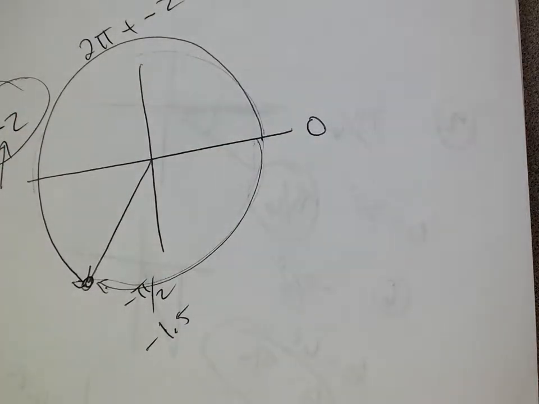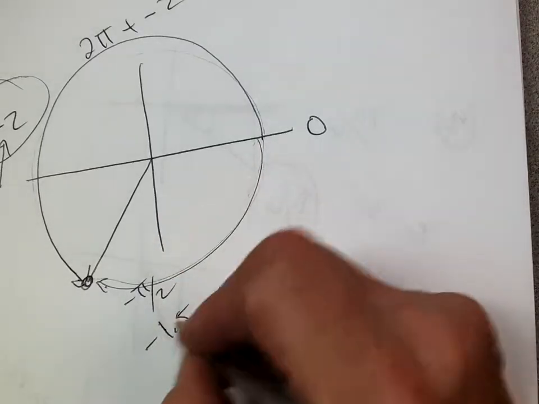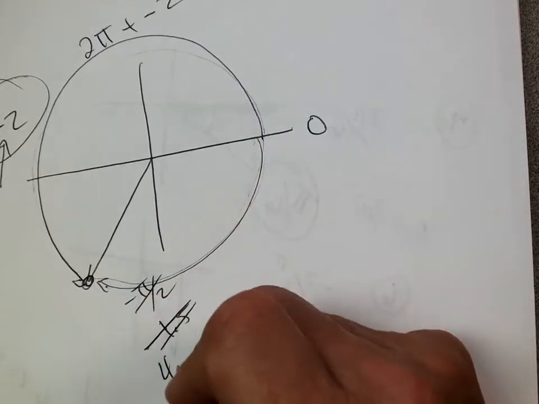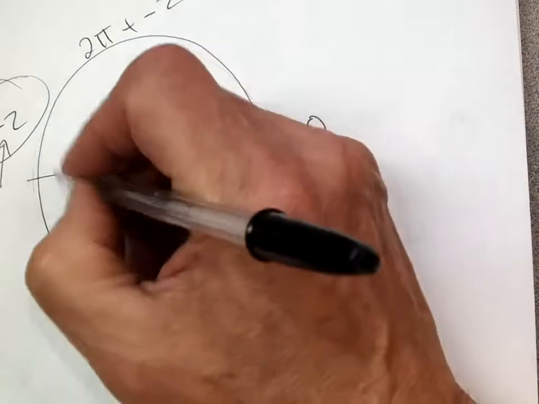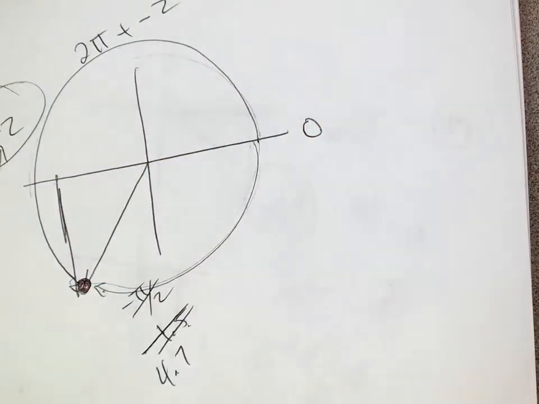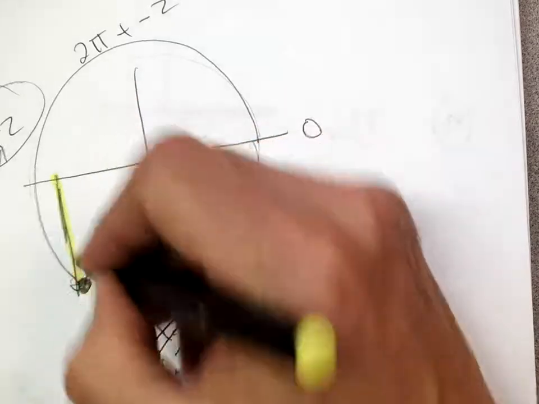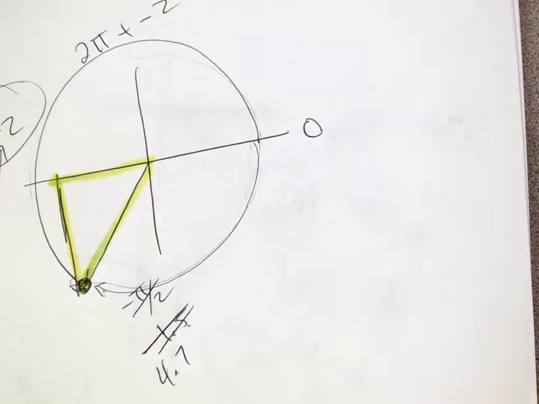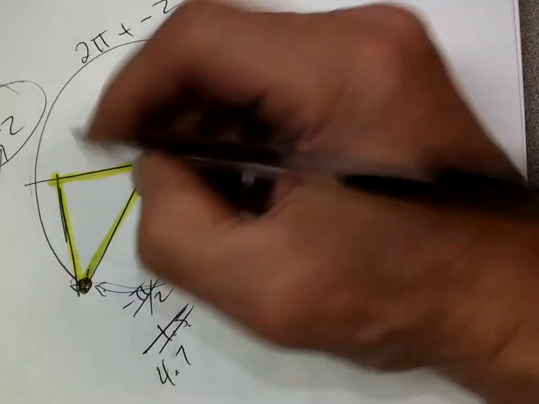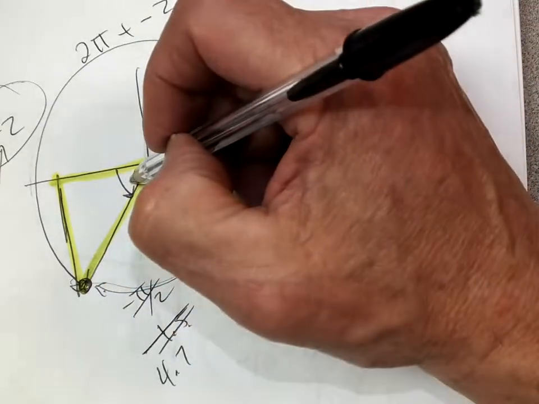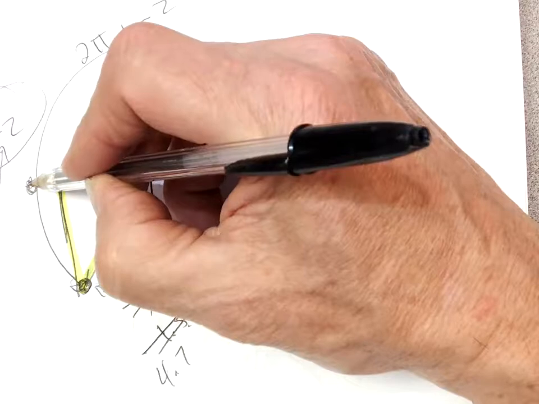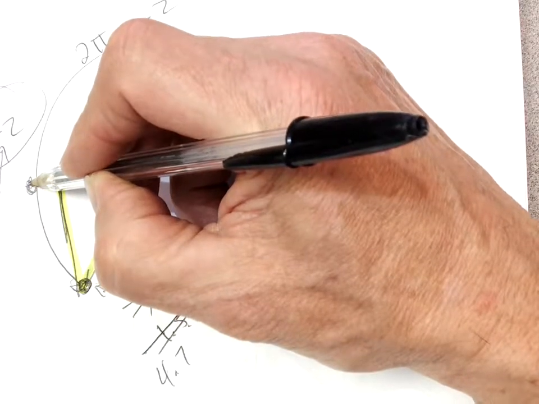So where is 4.28? Well, this one was 4.7, wasn't it? So 4.28 is right about there. How do I get this reference angle? I get this triangle right here, and I want this angle right there. Am I going too fast? This one's hard. This is pi, and this is 4.28.